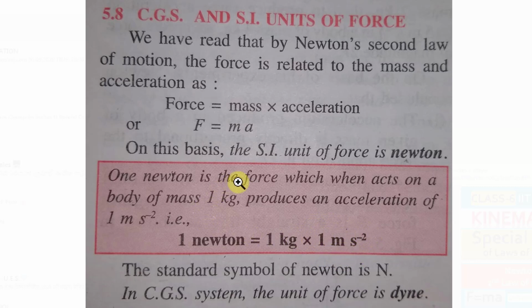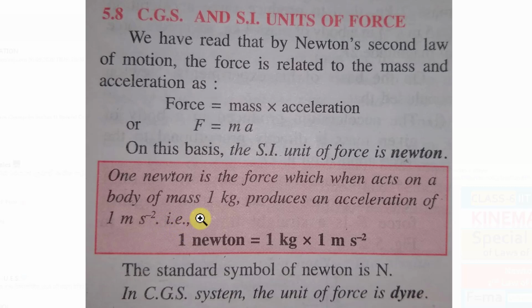Understood children? How can you define the SI unit of force, Newton? One Newton is the force which when it acts on a body of mass 1 kilogram produces an acceleration of 1 meter per second square. Very simple to remember the definition.